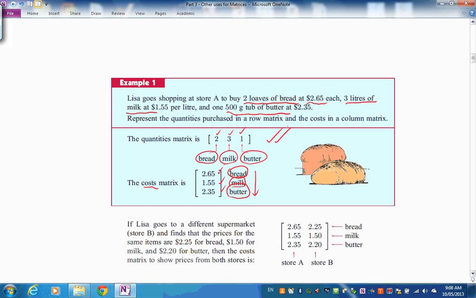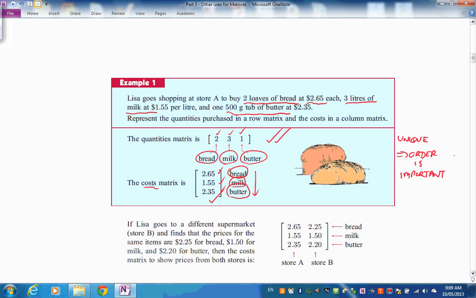It's a quantities matrix, and the column matrix is the cost matrix in a certain order. You must remember each entry is unique, so that implies order is important in a matrix. You must put them in the order that is meaningful and defined by your matrix that you've chosen to define.